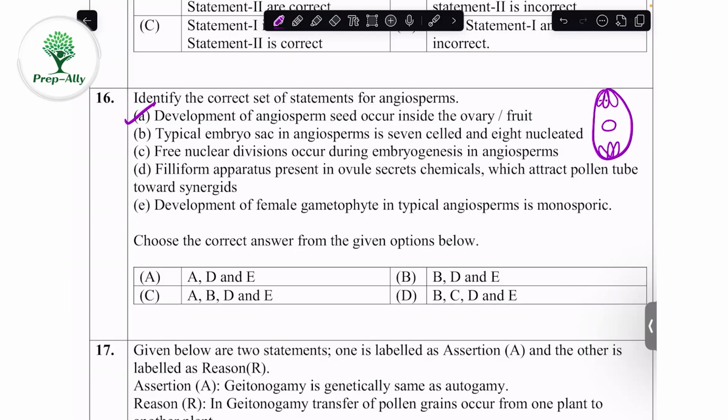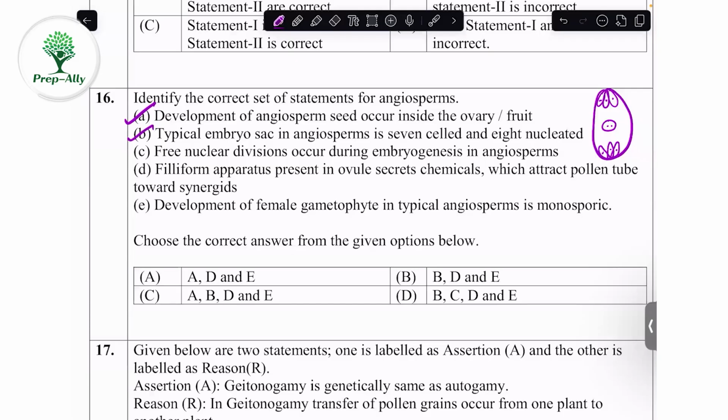Count 1, 2, 3, 4, 5, 6, 7, 8. The nuclei will be 8, but the cells are 7, because the center one, the polar nuclei, has 2 nuclei. You can count it: above 3, below 3, center one is 1, so 7 cells, but 8 nuclei.